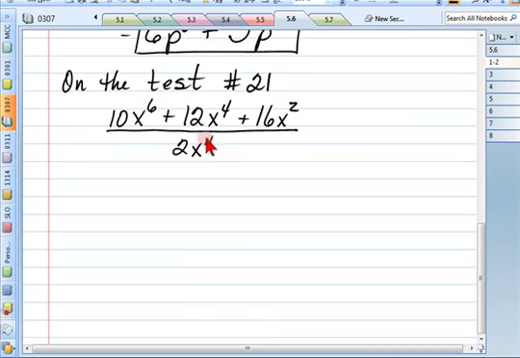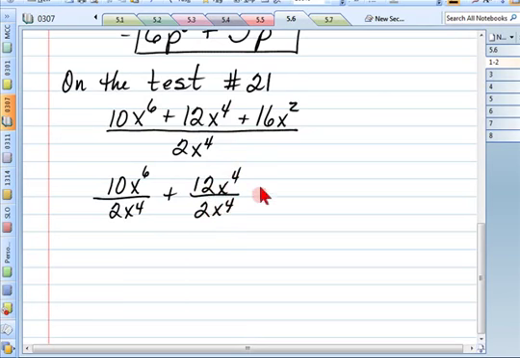It is division by a monomial, so I can break it: 10x to the 6th over 2x to the 4th plus 12x to the fourth over 2x to the fourth plus 16x squared over 2x to the fourth.